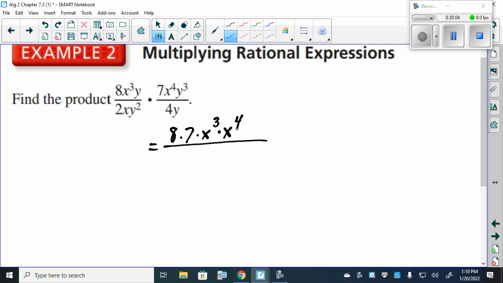And then we'll also have our y times y to the third. That takes care of the numerator. We also have to do the same thing with the denominator, which would be our 2 times 4. Well, we only have one x. And we have our y squared and y.